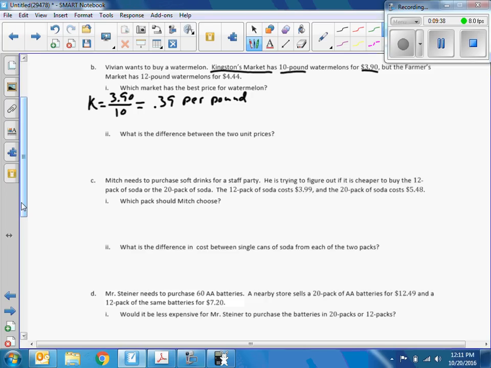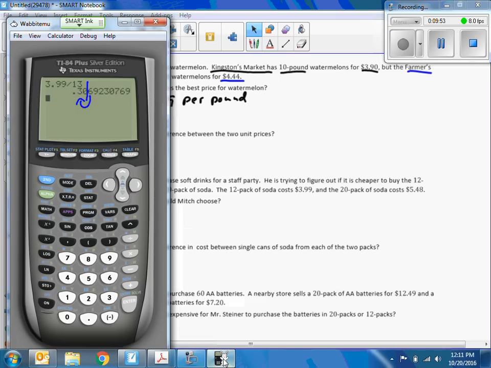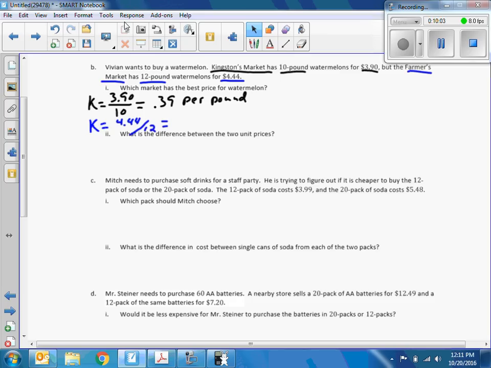Again, do the same for Farmer's Market. 12 pounds, $4.44. K equals the price divided by 12, which is $4.44 divided by 12. Back to my calculator. Got ink out of the way. Clear. 4.44 divided by 12 is 37 cents.